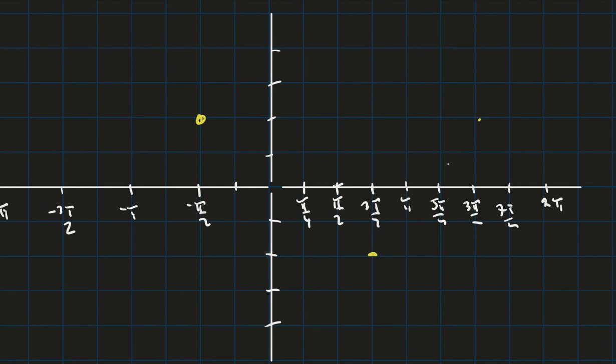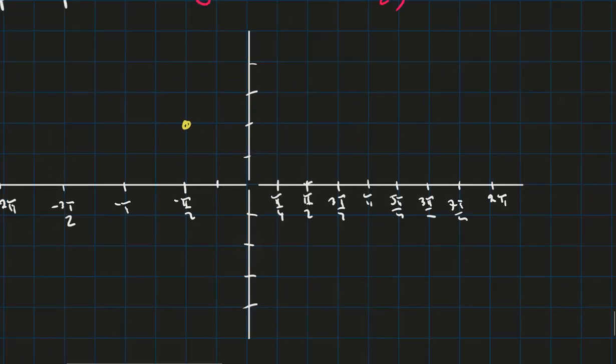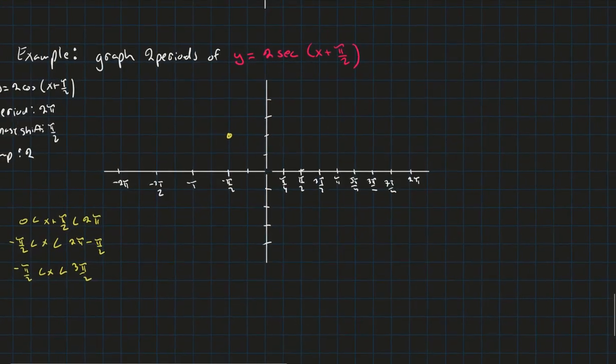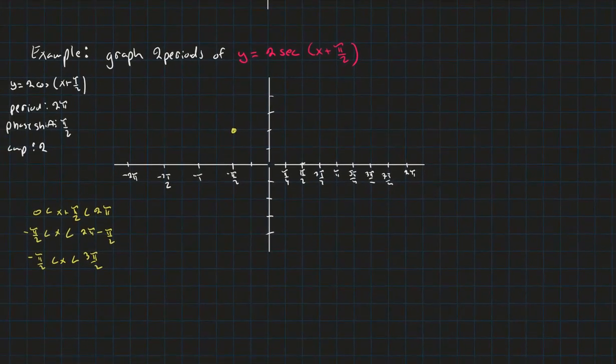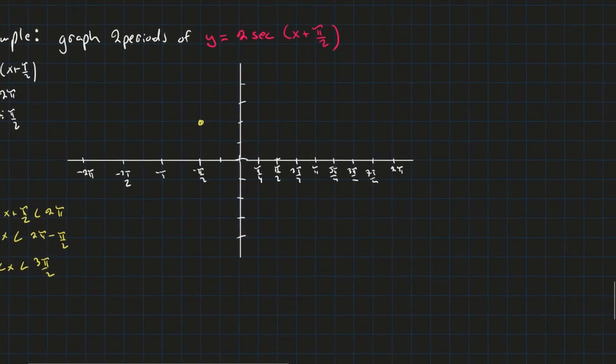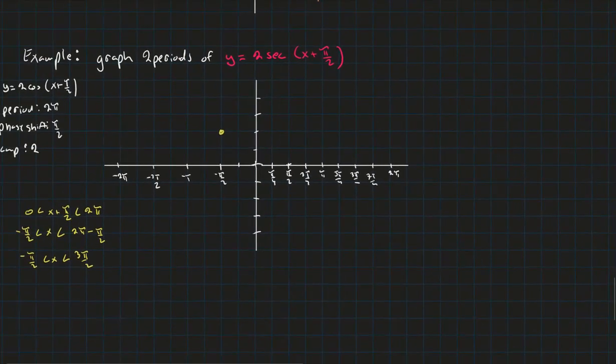Let me get rid of these things here. 3 pi over 2. Okay. This is brain freeze happening right over here. Shift this right over there. And then I know I need to end at 3 pi over 2.